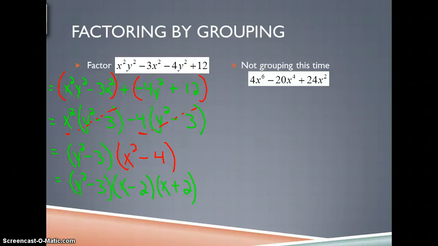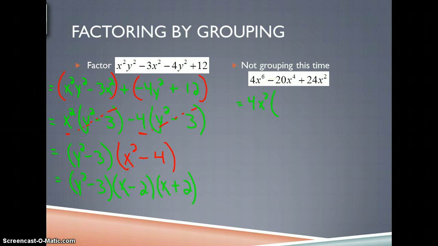Now if we look at this next example, there's only 3 terms. It is a trinomial. The last two that we factored by grouping, we had 4 terms. This one we're not going to factor by grouping. We're going to think of it kind of like the quadratics that we've already done this year. We're looking for the greatest common factor. Well, that's 4, and they all have an x squared.